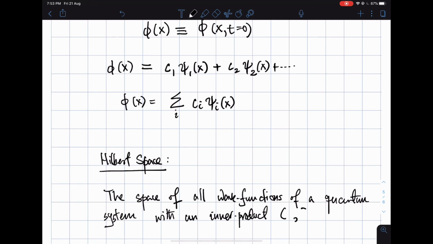Of course, an inner product has to be a convergent quantity defined on it.